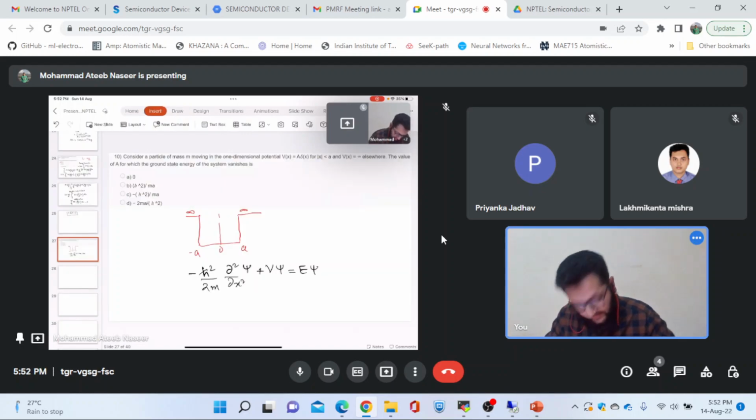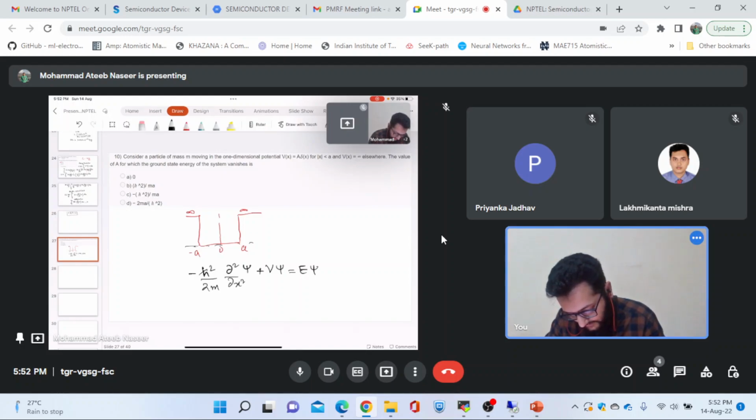Since we have been told to solve the Schrodinger equation, we take the reference potential to be equal to 0, and also this energy has been mentioned to be equal to 0, as it states that the ground state energy has to vanish.